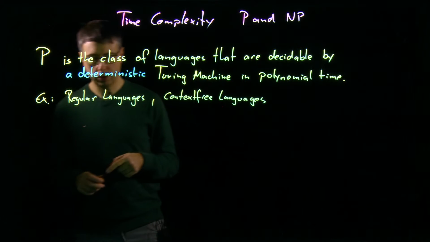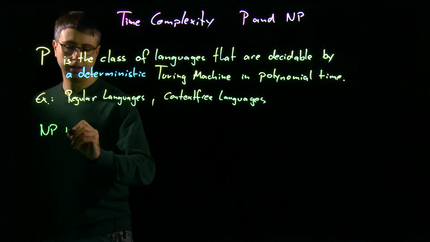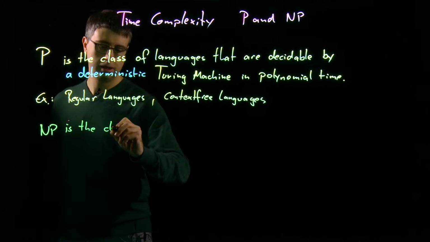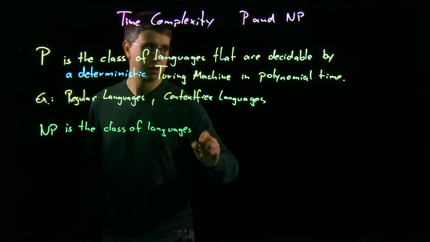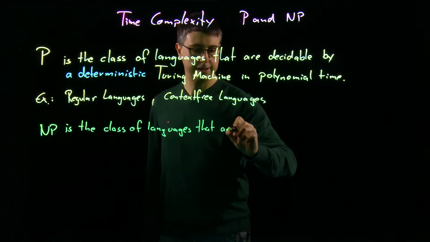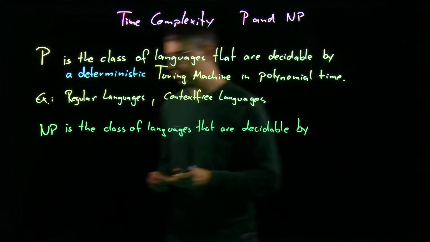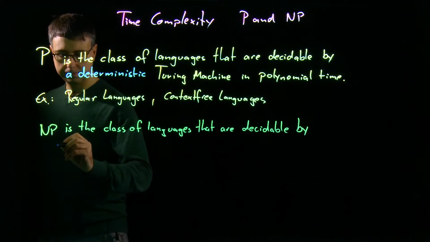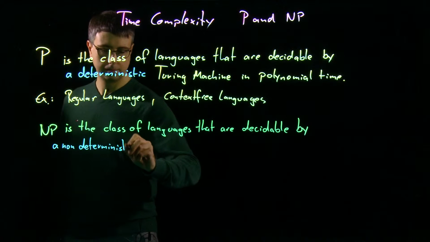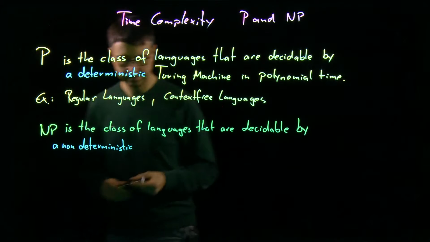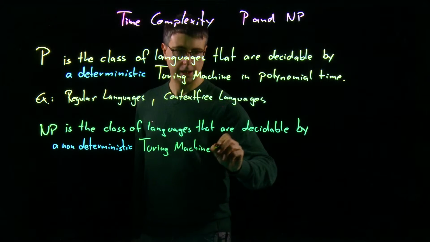The second class we're looking at is NP. And NP is the class of languages that are decidable by a non-deterministic Turing machine, and again in polynomial time.